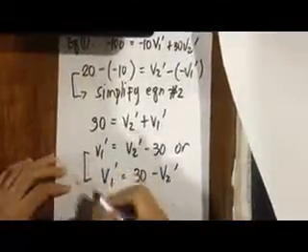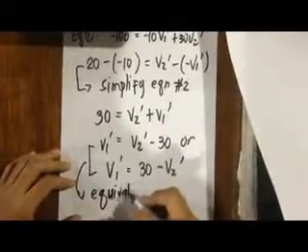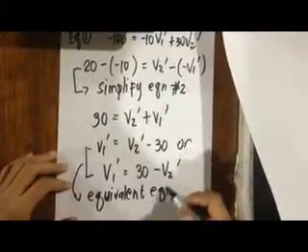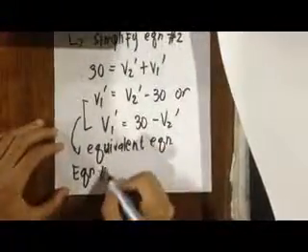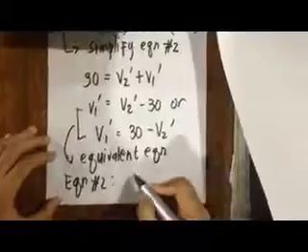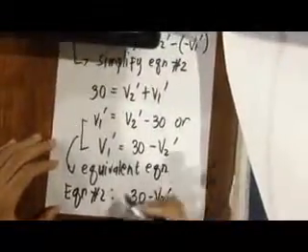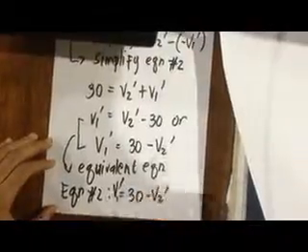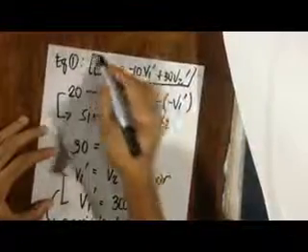This is just an equivalent equation. So we have here our equation number 2, which is 30 minus v2 prime equal to v1 prime. This will be our equation number 2, and this will be our equation number 1.